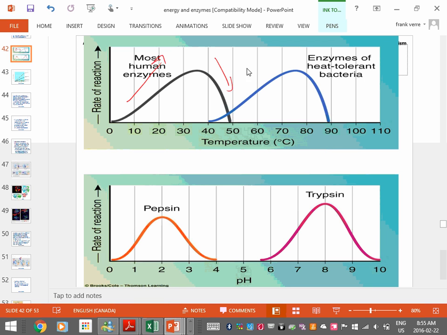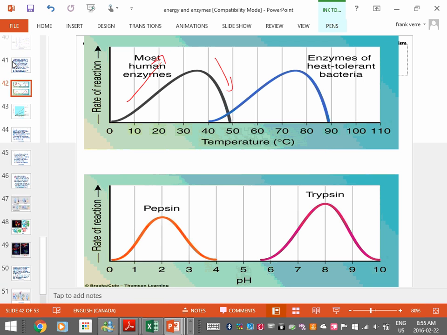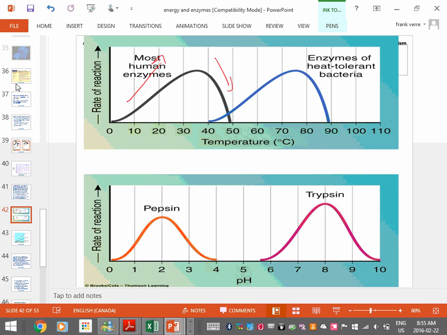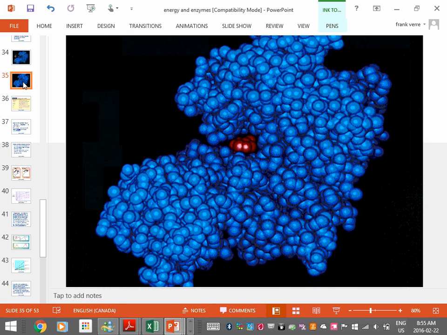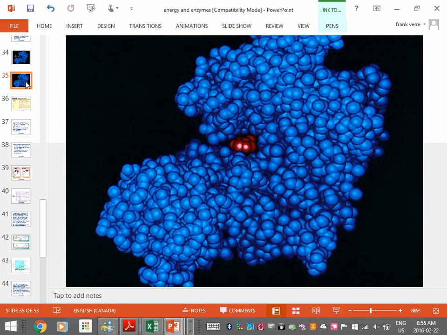And remember the way an enzyme works, a substrate fits into what's called the active site. It's a perfect fit. So if heat starts to change the shape of the protein, the fit is no longer perfect. So you might get more collisions, but they might not be as effective. So the rate will go down.